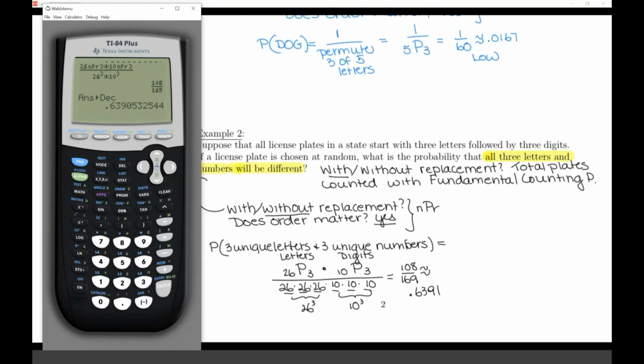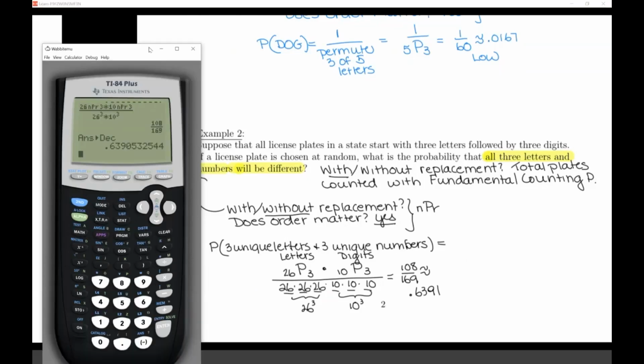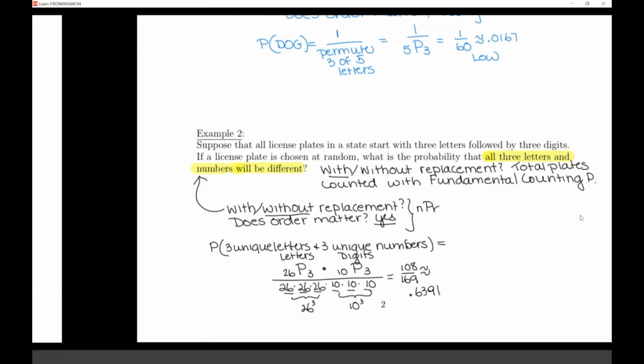That's a pretty high probability, don't you think? We're saying I have better than half probability of randomly choosing a license plate that has no repeated letters and no repeated numbers. My question to you is, why is the probability so high?